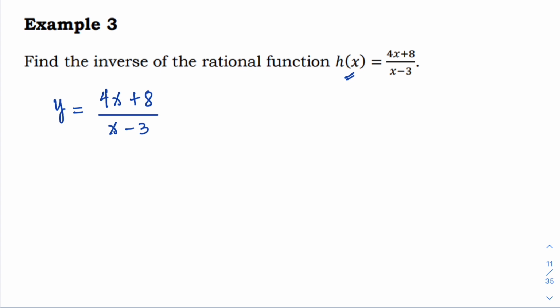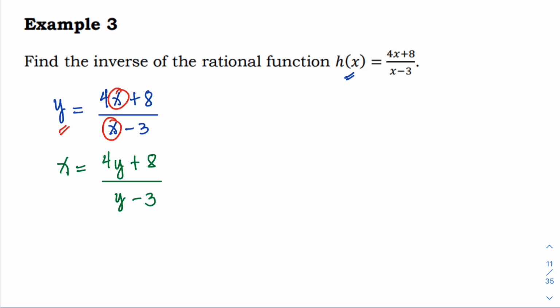Okay, so ito yung ating first step. Then, ang second step natin, interchange x and y. So, yung ating y dito magiging x, then yung dalawang x natin magiging y. So, that is x equals 4y plus 8 all over y minus 3.